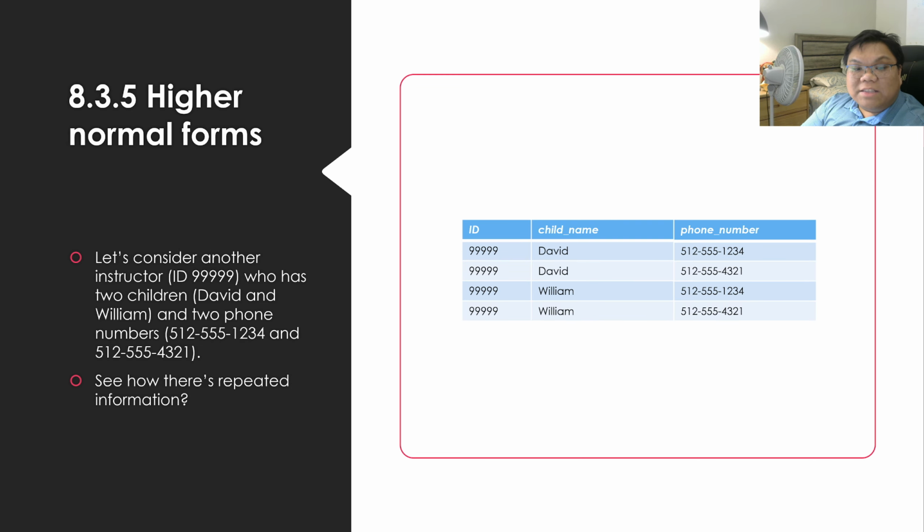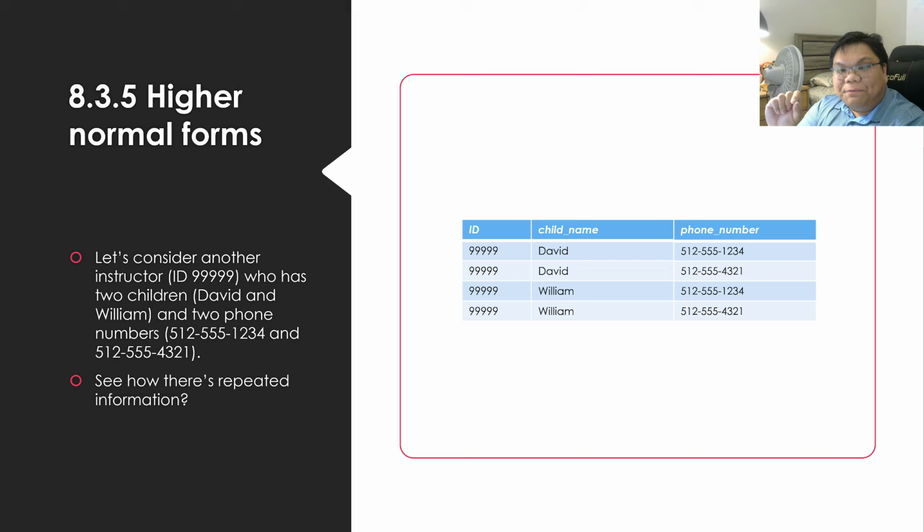Let's try another instance where we have an instructor who has 2 children and 2 phone numbers. If we tried this schema with an instructor who has 2 children and 2 phone numbers, we have a table that looks like this. You look at that and you think to yourself, wait, is David the one with the ID of 99999?